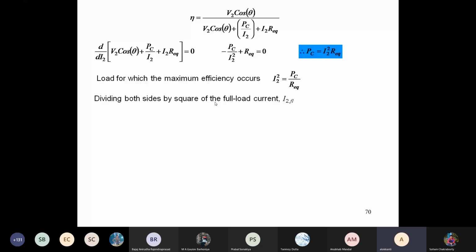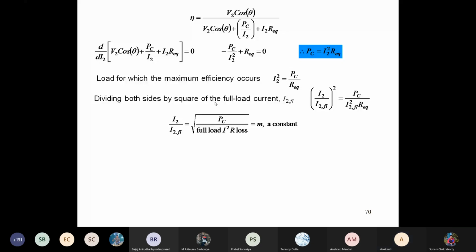Dividing by the square of the full load current, I2 by I2 FL square equals PC by I2 FL square Req. The denominator on the right hand side is the full load copper loss, the full load I square R loss. So I2 by I2 FL is the square root of core loss by full load I square R loss, which is equal to a certain constant value M.